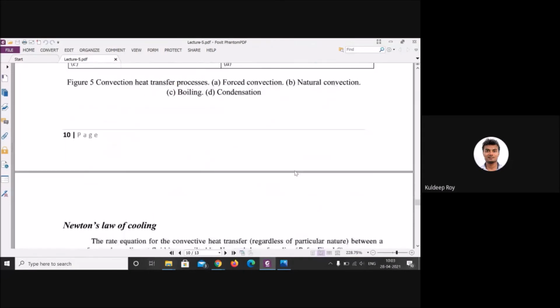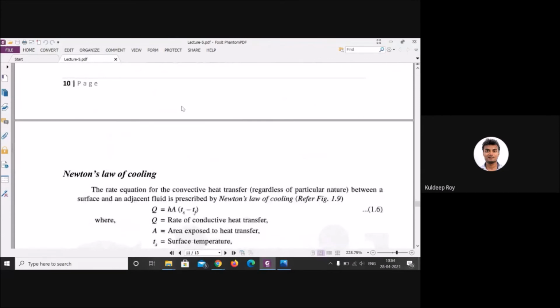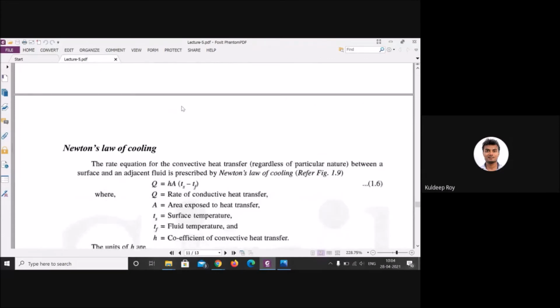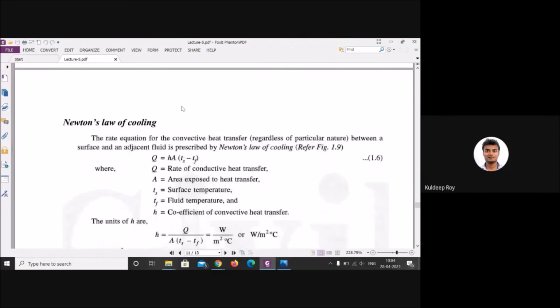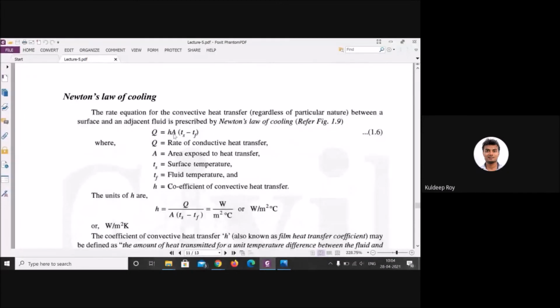Now to explain this phenomenon, we have to derive the expression. Here it is called Newton's law of cooling, which defines the convection mechanism. How is it defined? Q equals hA(Ts minus Tf), where Ts is the temperature of the surface, Tf is the temperature of the fluid, and h is the coefficient of convection heat transfer.